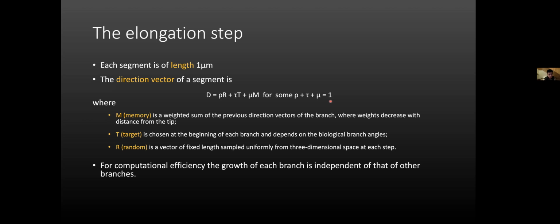When you're doing these reconstruction algorithms for a whole network, you really want a population that is non-uniform. You have a lot of different components, and so you need that random component as well. So it's quite interesting to see what the result is when you vary rho, tau, and mu.